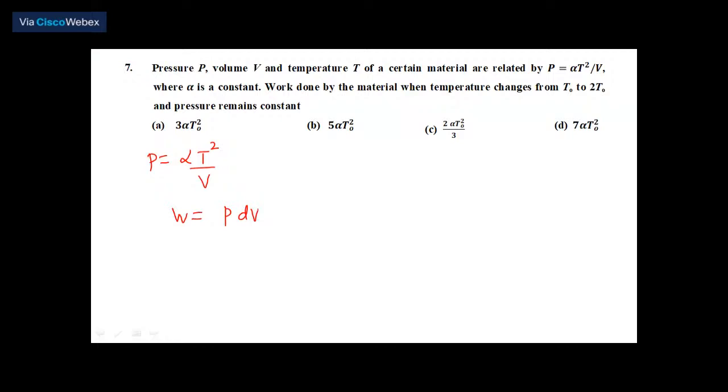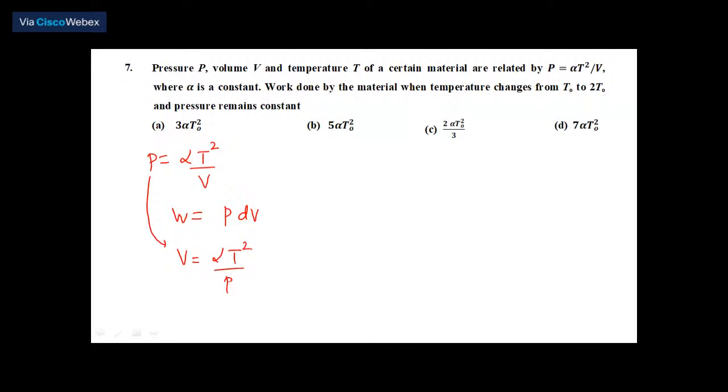Okay. How do you find out dV? Let us make use of the given equation. See, this is the equation, cross multiply. V is equal to alpha T squared divided by P. It is given that pressure is a constant.